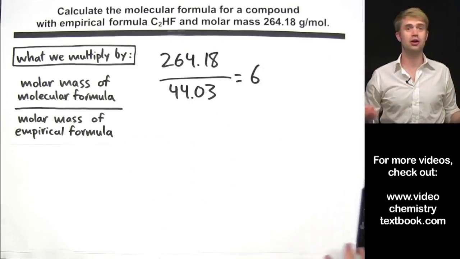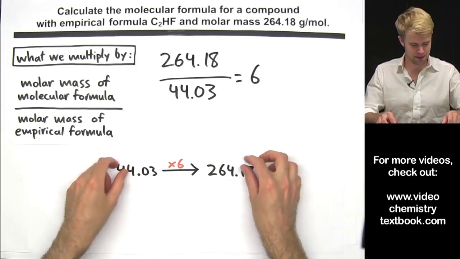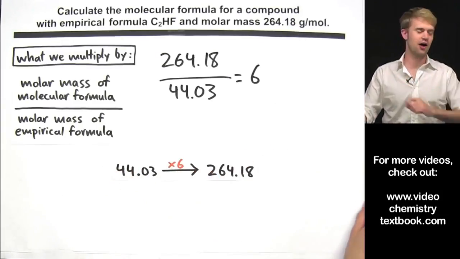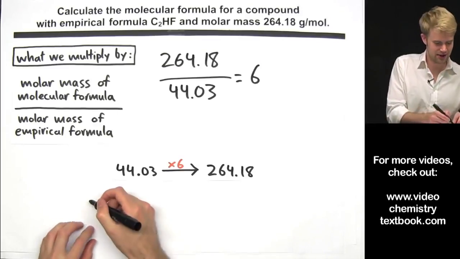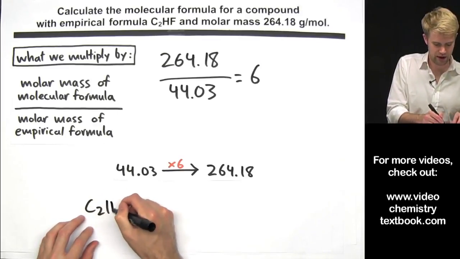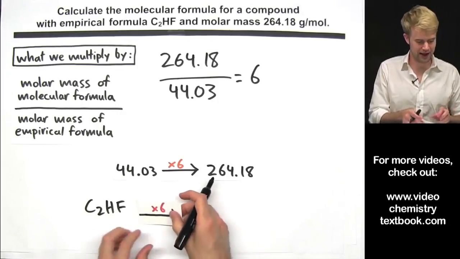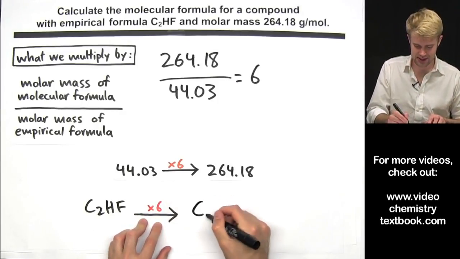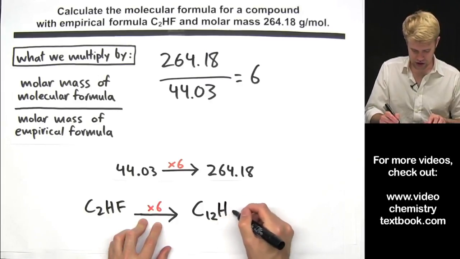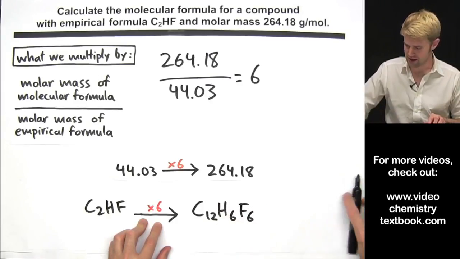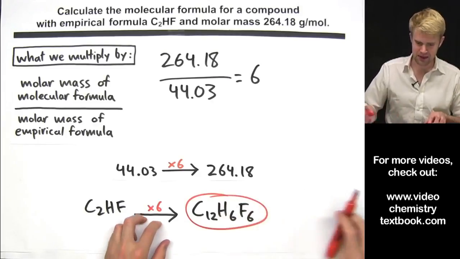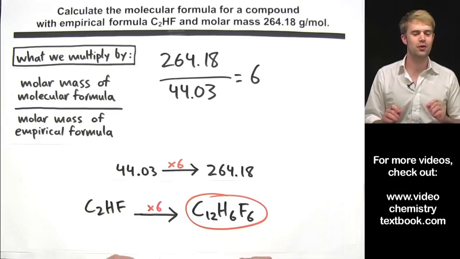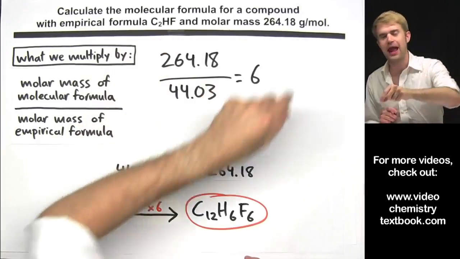This is what we have to multiply the empirical formula by. Molar mass of the empirical formula times 6 gives us the molar mass of the compound. So we take the empirical formula, C2H5, multiply it by 6 to get the molecular formula of the compound, C12H6F6. And that is how we figure out the molecular formula of a compound when we're given the empirical formula and the molar mass.